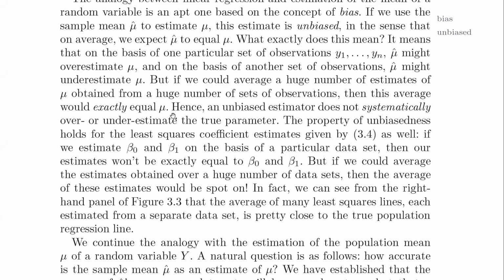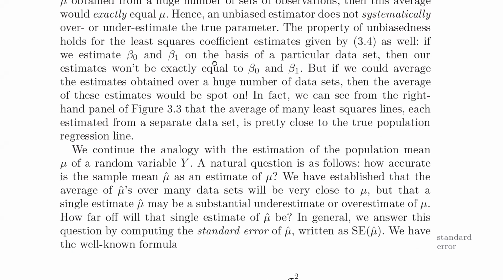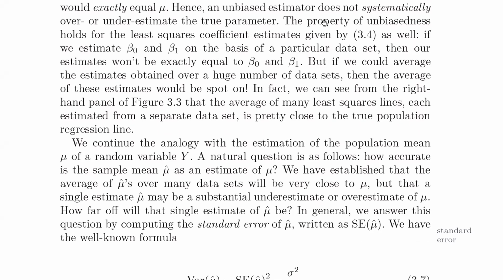It's quite a lot to get your heads around, but just think of many people going out and collecting their own data set. The average of the means of all those data sets should exactly equal the true population mean. The overestimating and underestimating kind of cancel each other out. Hence, an unbiased estimator does not systematically over or underestimate the true parameter.